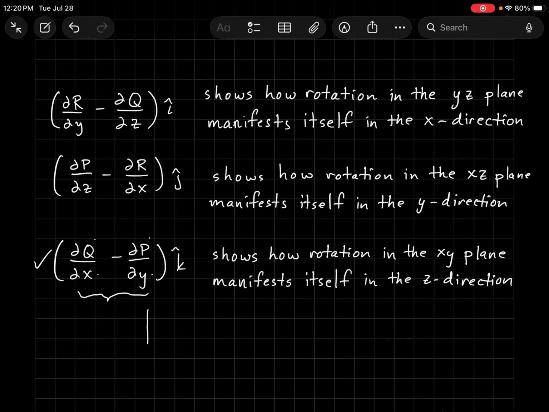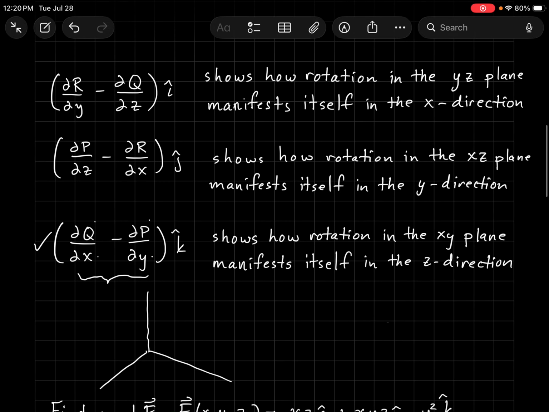This is talking about a rotation in the xy plane, where we have some sort of rotation going around the z-axis. But then this manifests itself in the z direction. And we talked about the right-hand rule when we did that.